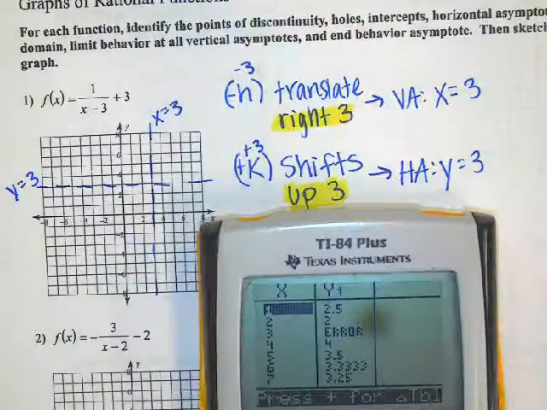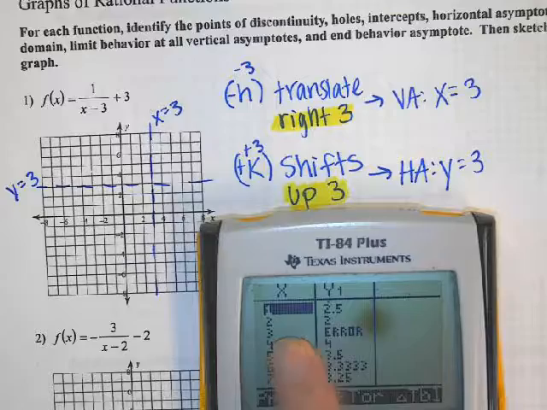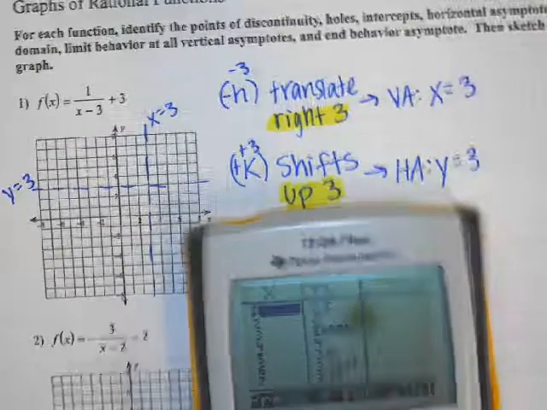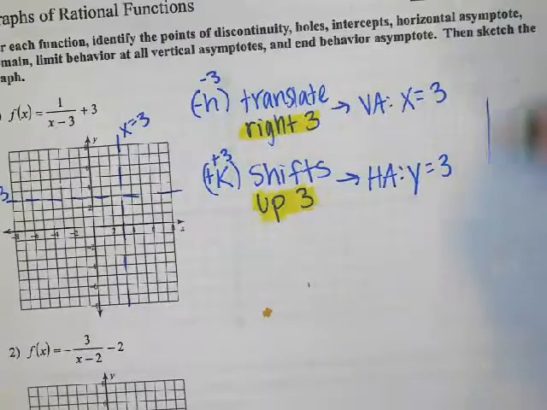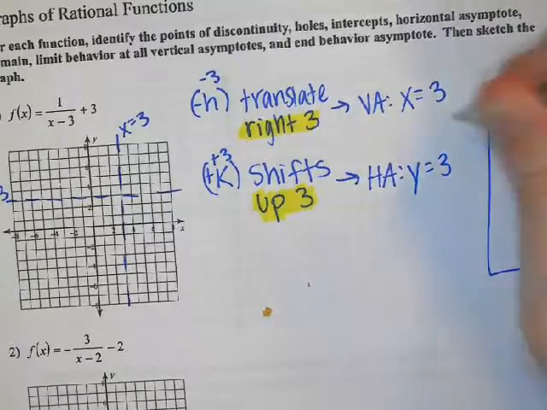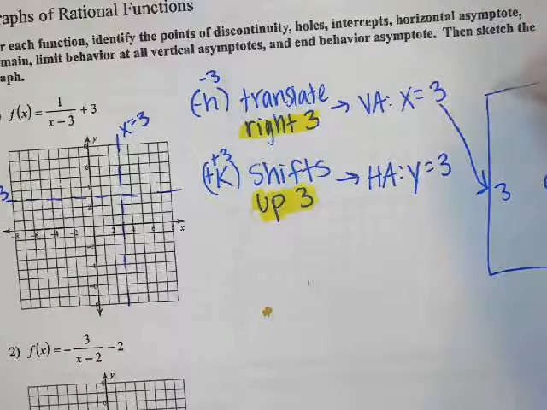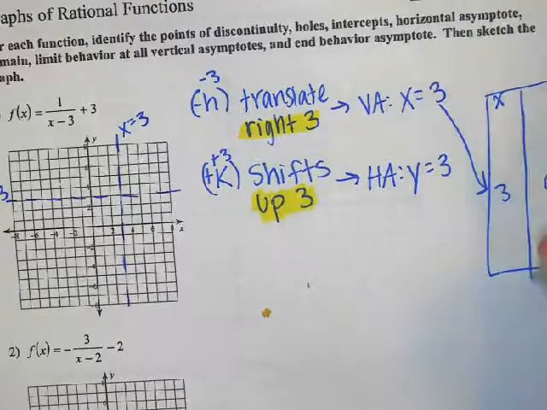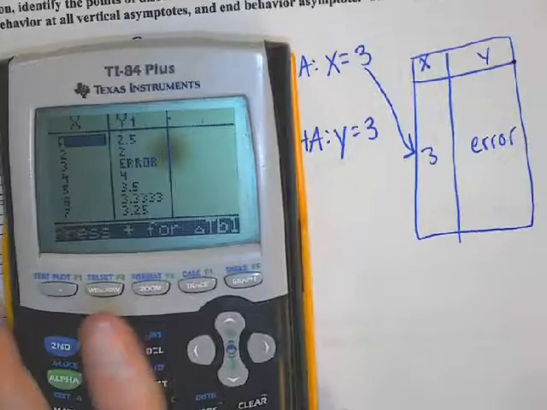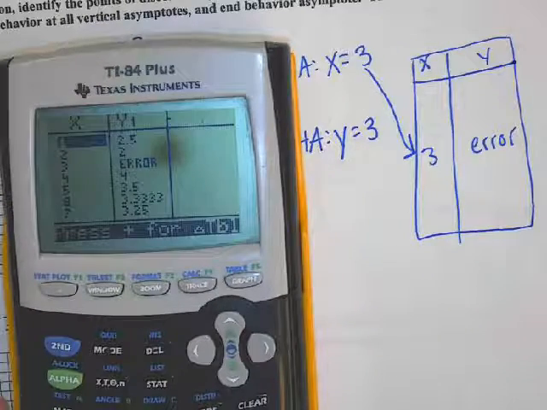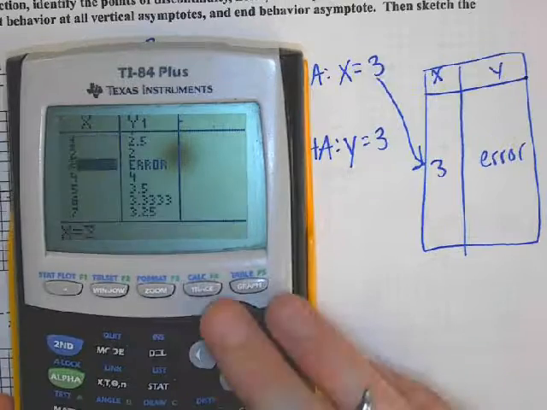Okay, so go in the table, center it around the 3. So in my table, we put the VA in the center, 3 error. Okay, and how many points minimum do we want to form some sort of curve? 3.